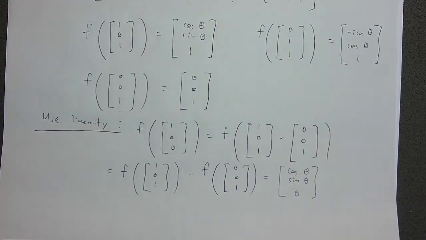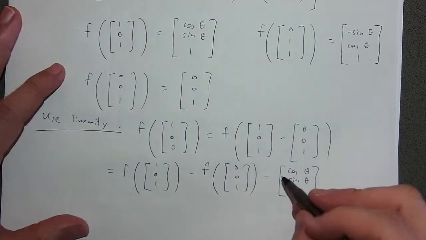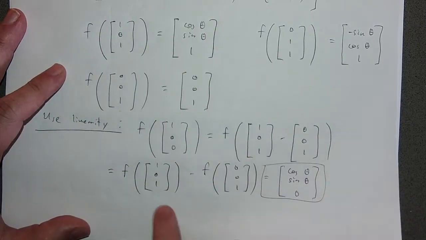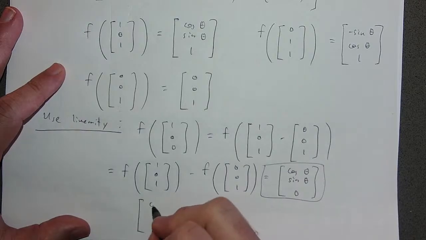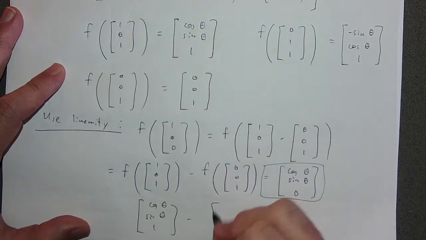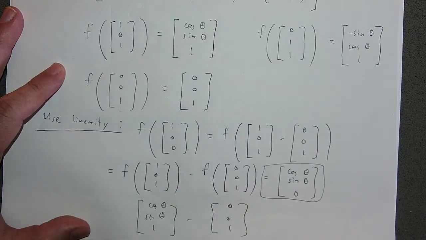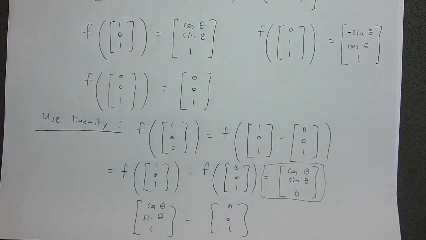Right? I'm doing this in my head here, but you could write it out. What is this? This is cosine theta, sine theta, 1 minus 0, 0, 1 there. Now I wrote it out. So this is cosine theta, sine theta, and 0.